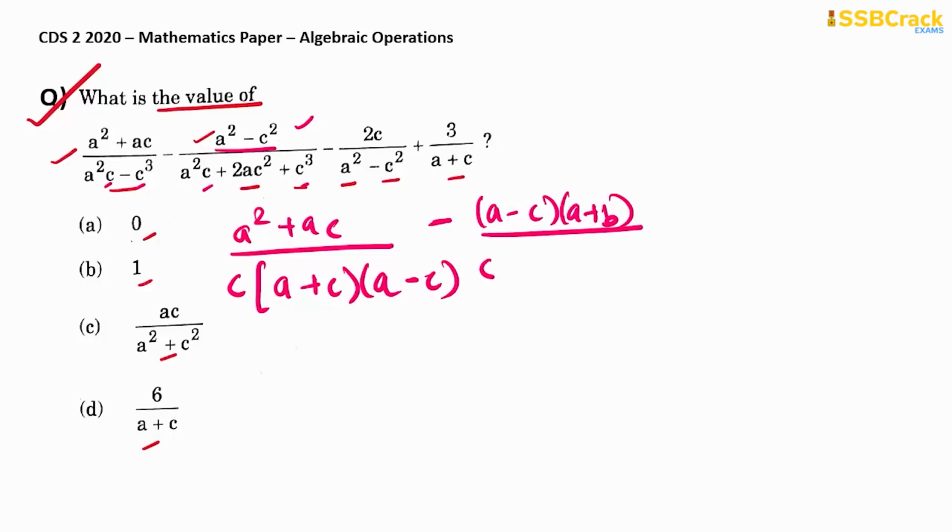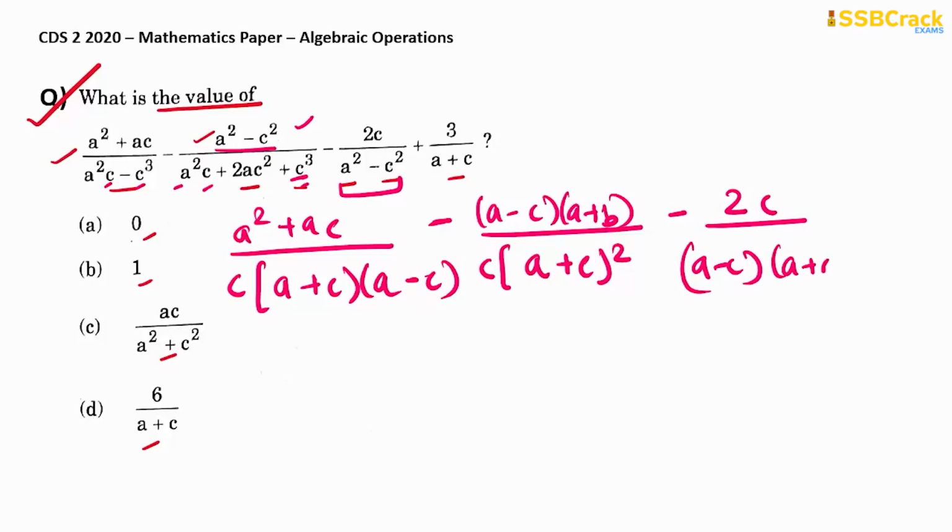So after taking c common it will become a square plus c square into 2ac, which is the identity, and we can easily write it as a plus c whole square, minus 2c upon, again we have the identity in the denominator. So it will be a minus c upon a plus c. Okay. Plus 3 upon a plus c.